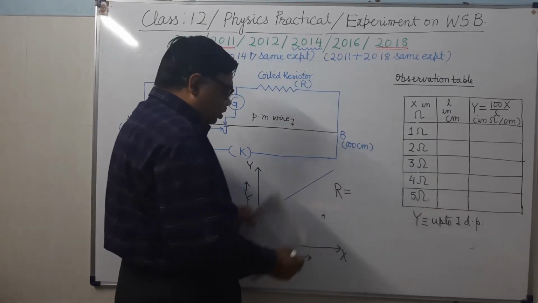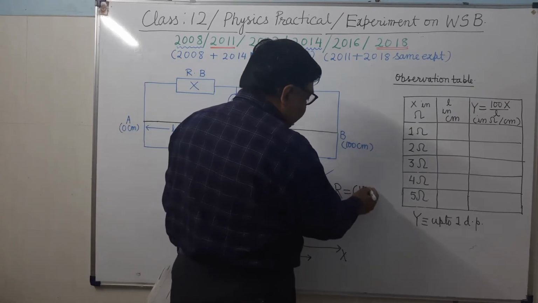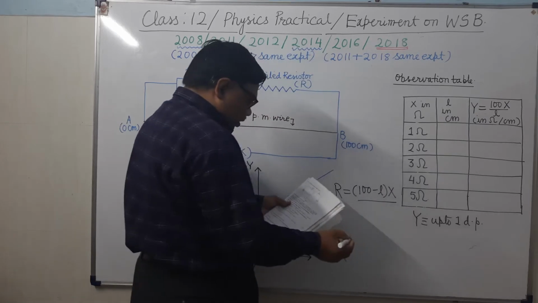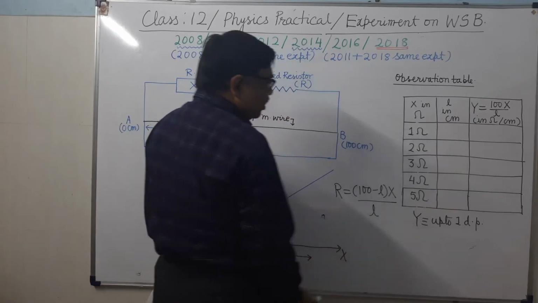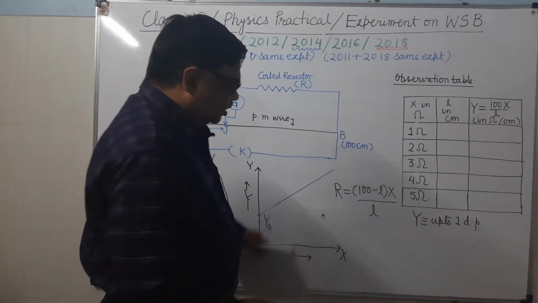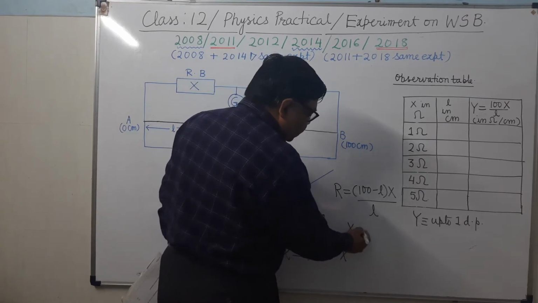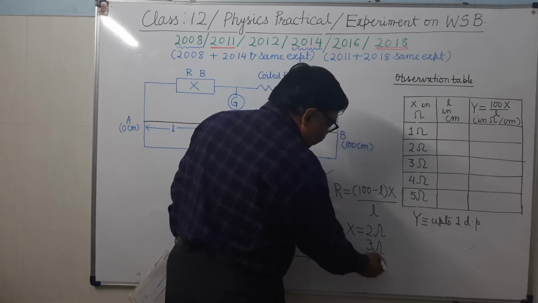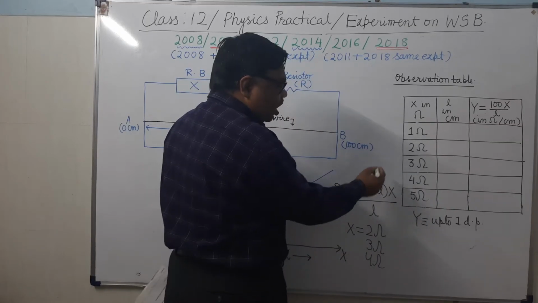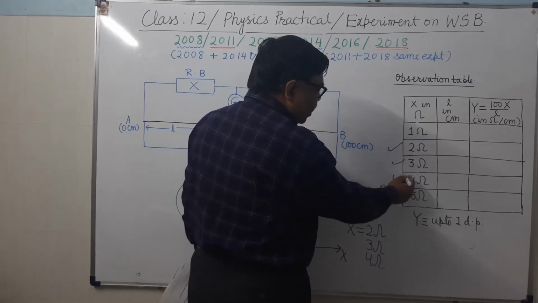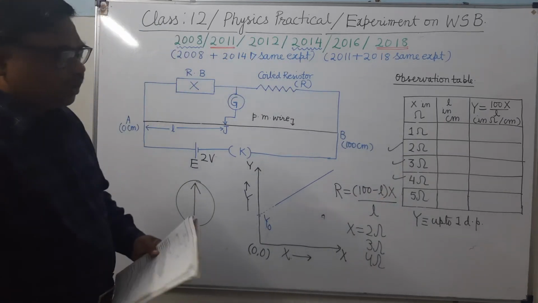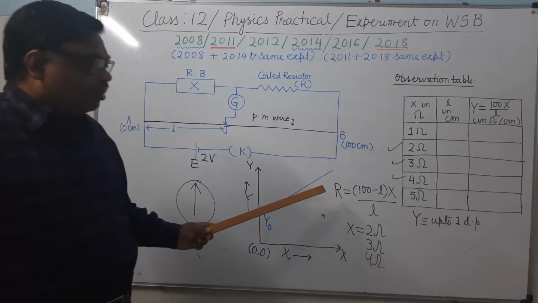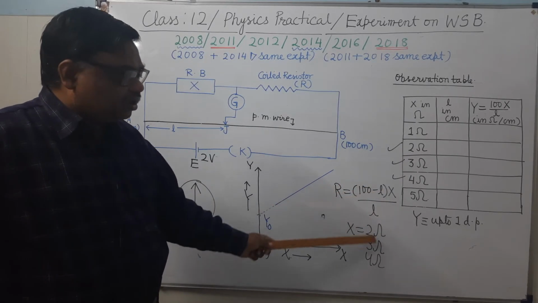Capital R by using this formula, 100 minus L into X divided by capital L, for X equals 2 ohm, 3 ohm and 4 ohm. Already you have recorded the value of L from the experiment. You will determine the capital R by using this formula.